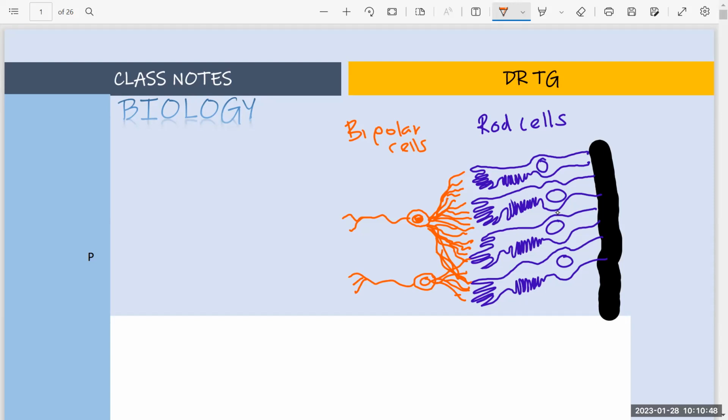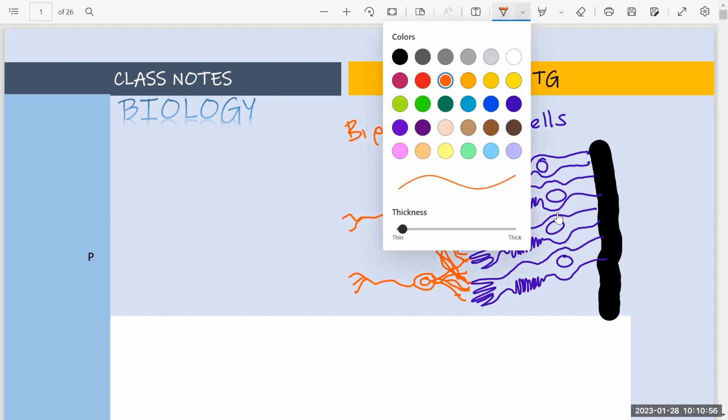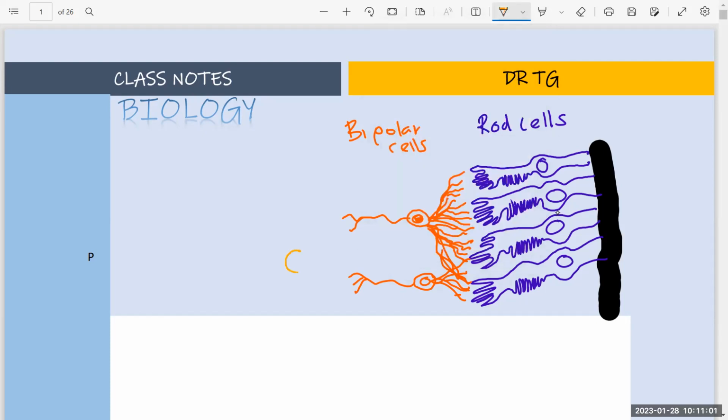And in front of bipolar cells, there is another type of nerve cells. So they are lesser in number than the bipolar cells.